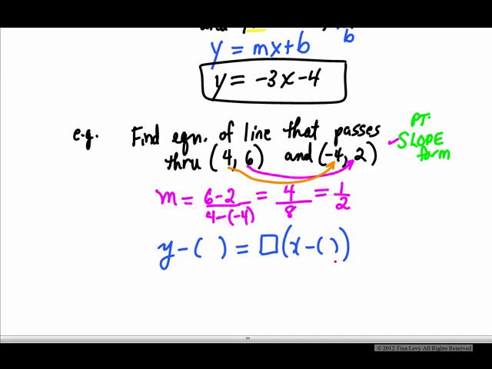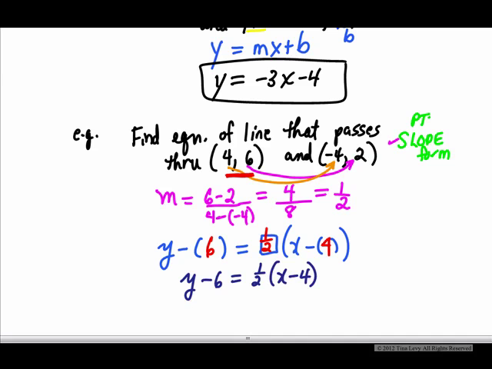So working this, I'm going to use this one, integer. I always like positive integer coordinates if they're there. Y minus the y value is 6. The slope we just found out is a half. The x value is 4. This is y minus 6 is 1/2 x minus 4.